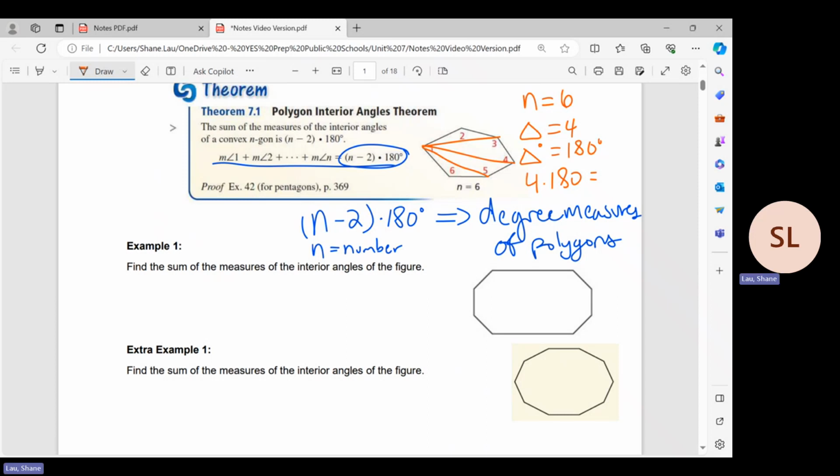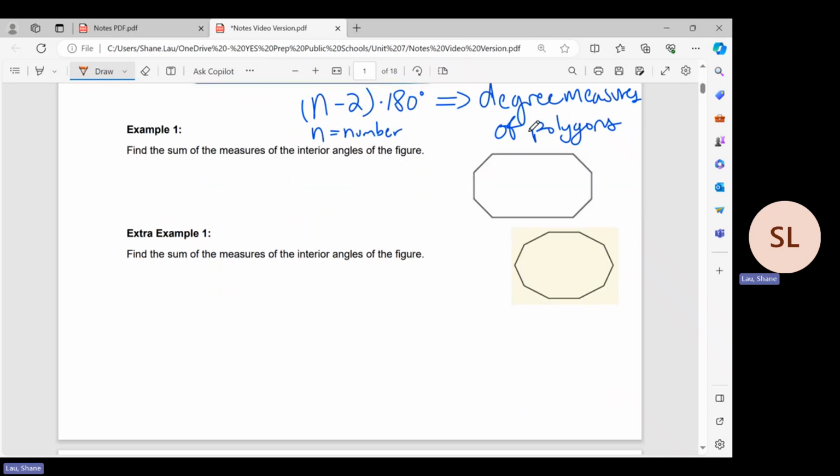Okay. And that's the idea that we're going to run with. So if you actually did all that math, you'd get 720 degrees, meaning a 6-sided figure will be 720 degrees on the inside.